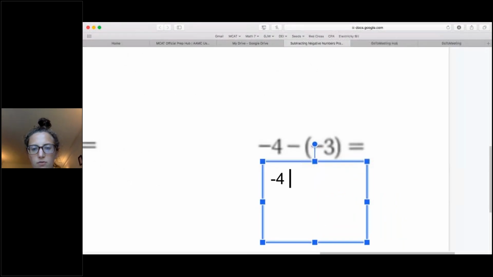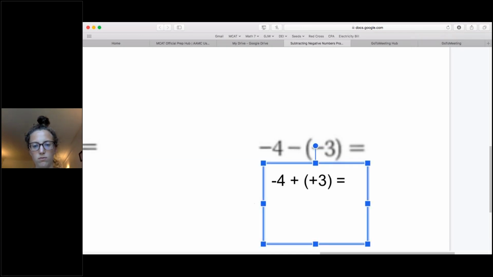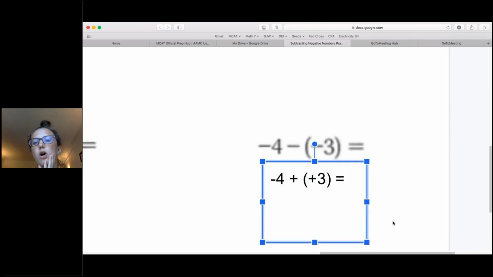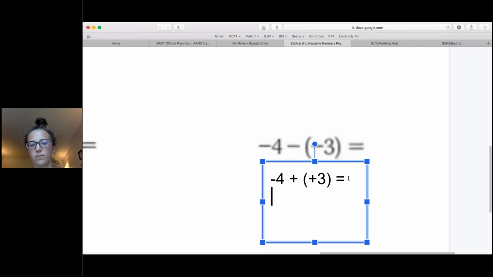We did it perfectly. Negative 4 plus positive 3. So are my signs the same here, or are they different? Different. So what do you get? Since the negative 4 is higher, it'd be negative 7. Negative 4 is higher, so it's negative. Perfect. There's one thing you're missing.